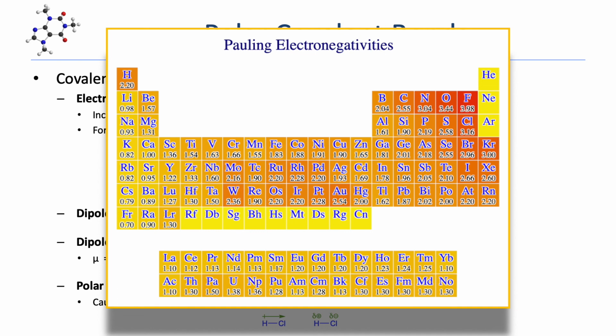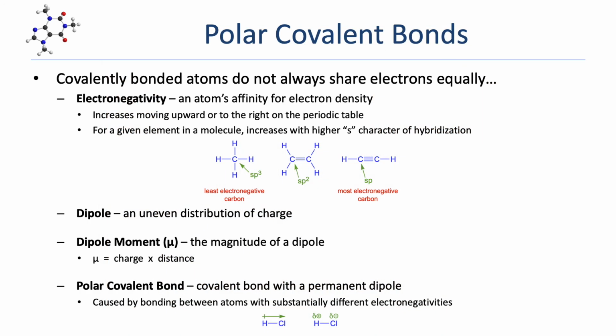Chlorine, being far to the right, has a much higher electronegativity. And that means that in that bond, the more electronegative chlorine is going to pull electron density away from the hydrogen. That creates a dipole, in which the chlorine is partially negative and the hydrogen is partially positive. These are not formal charges, they're just partial charges.